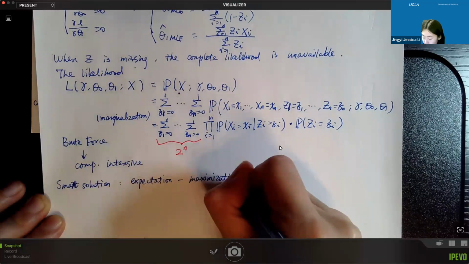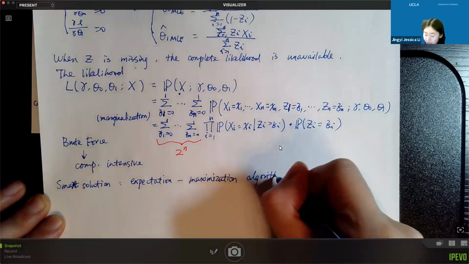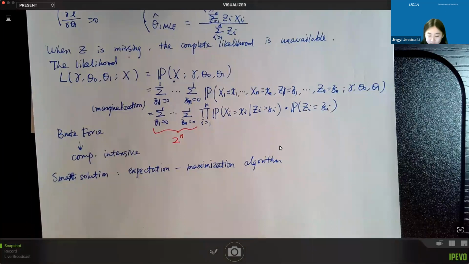It's a very important technique invented in the statistics community in the 1970s, and it has been very popular since then. It uses a very smart idea for maximizing the likelihood based on the complete likelihood.